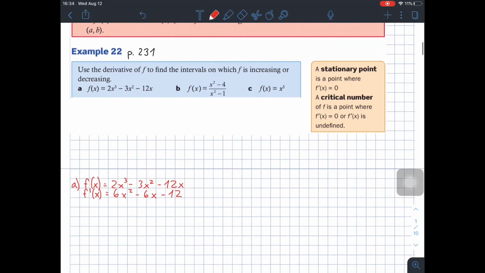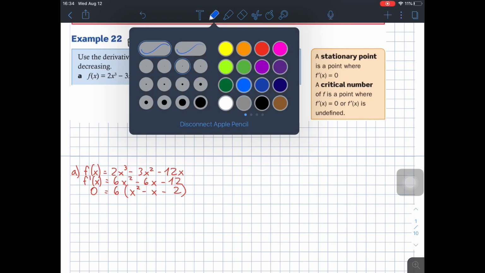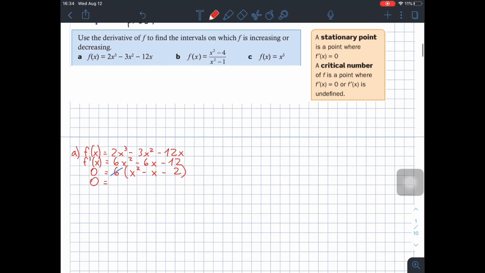So by setting the first derivative to 0, I'm going to find those stationary points. So I'm going to set this to 0, and here I'm going to take a common factor of 6. We're going to get x squared minus x minus 2. The 6 gets eliminated because 0 divided by 6 is still 0. So this is 0 equals, and here I can apply multiply add, right?